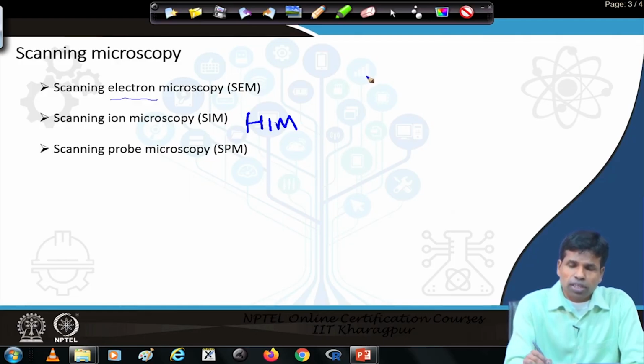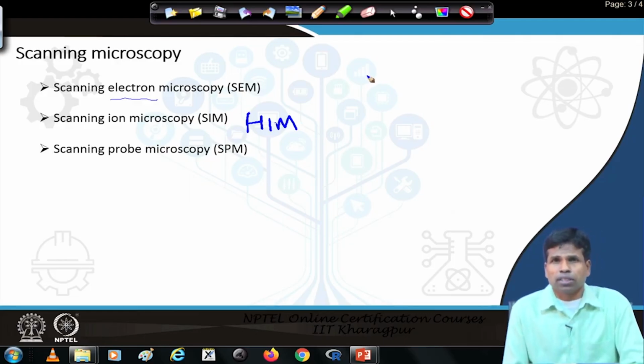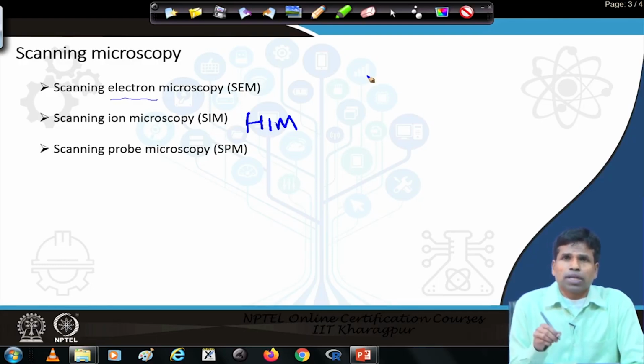We know resolution is directly proportional to the wavelength. So, by having a smaller wavelength, we could have a better resolution, that means a smaller R value. So, a smaller distance between two objects can be measured using an ion microscope. And then again, helium ions, because they are heavier than electrons, cannot penetrate much deeper into the specimen.